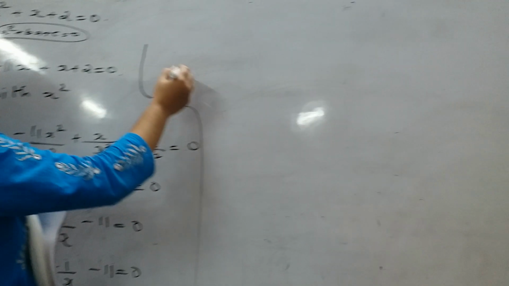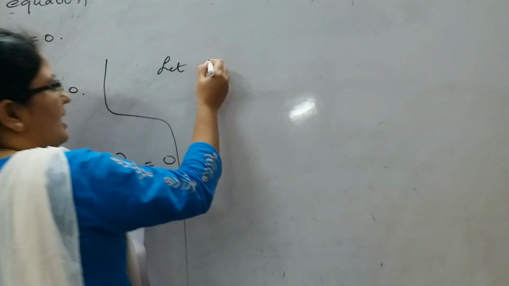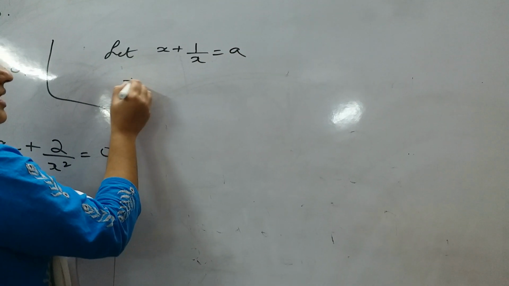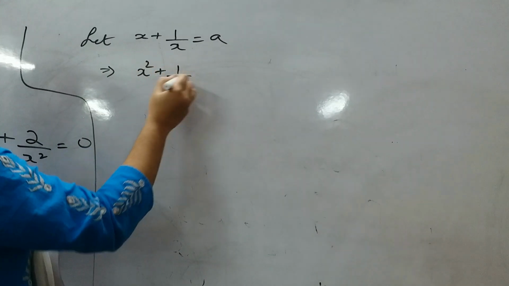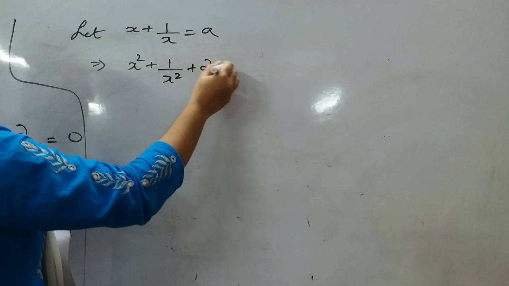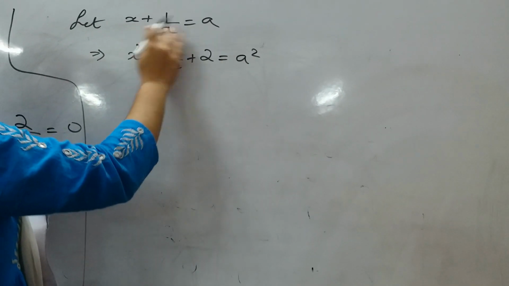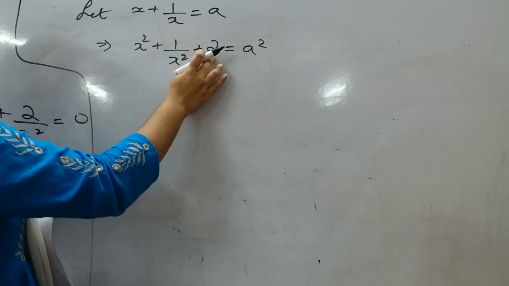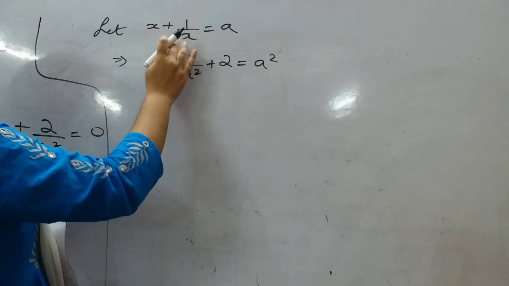Now, let x plus 1 by x be equal to a. This implies x square plus 1 by x square plus 2 is equal to a square, on squaring both sides. This is like (a plus b) whole square, a square plus b square plus 2ab, where 2ab is 2 into x into 1 by x.